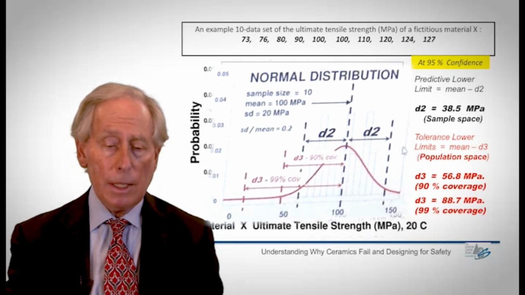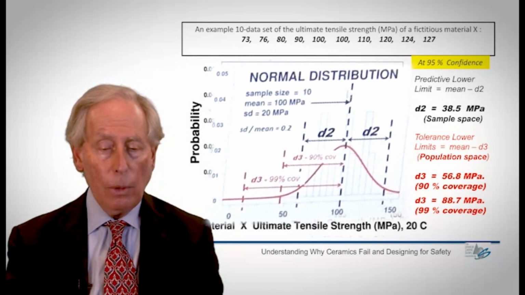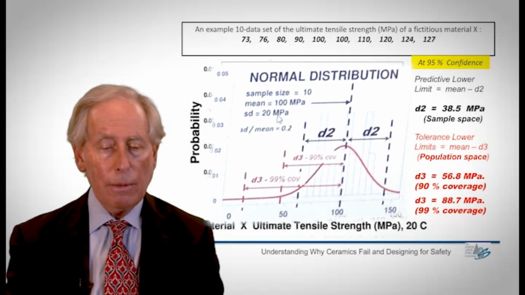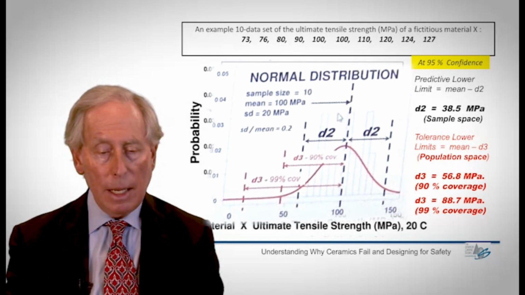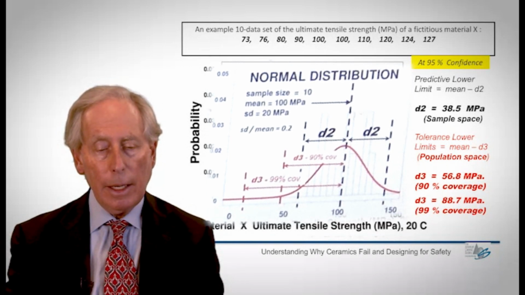So showing this on the same kind of graph I showed before, here is, for this sample size of 10 specimens, a mean of 100 megapascals and a standard deviation of 20 megapascals. The D1 that you saw earlier is in here. Here are the D2 limits, and I'll say here, in the real world, I'm not really going to care about this upper limit.